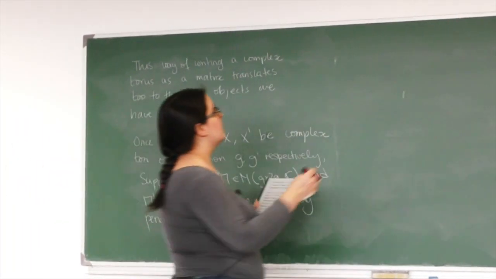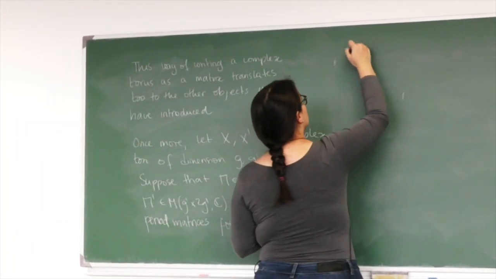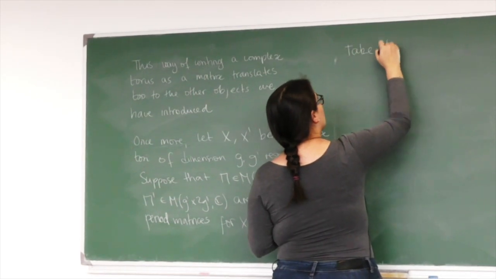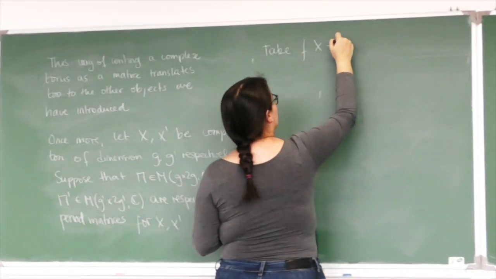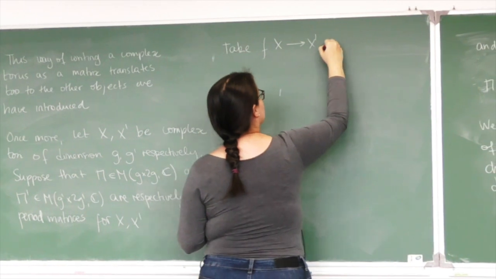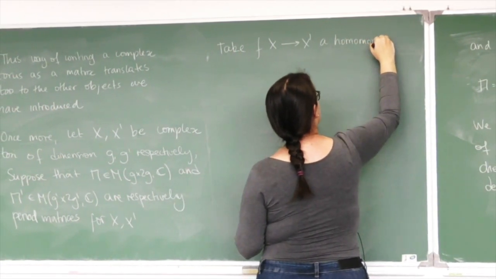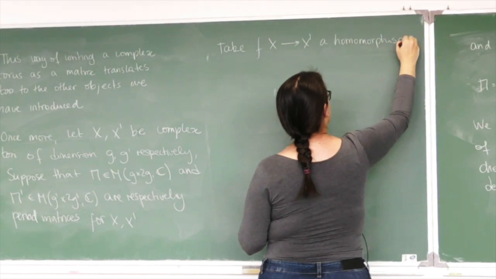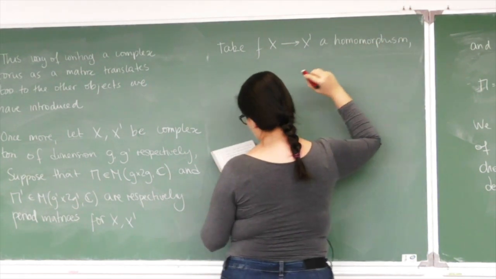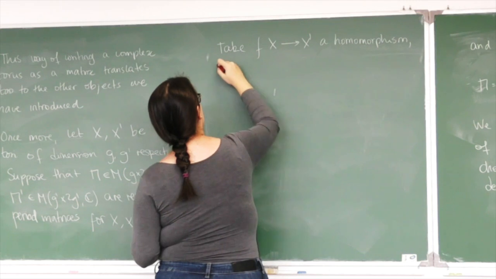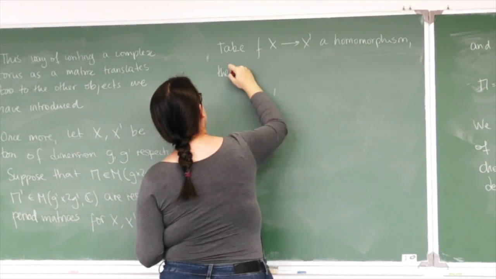Now we take f that goes from X to X prime, a homomorphism. Then, okay, what's interesting now?